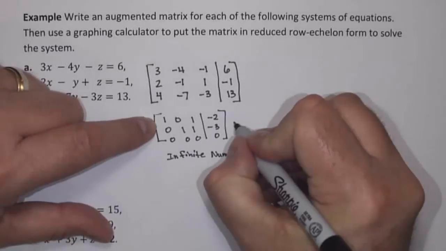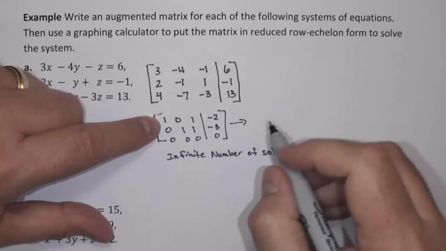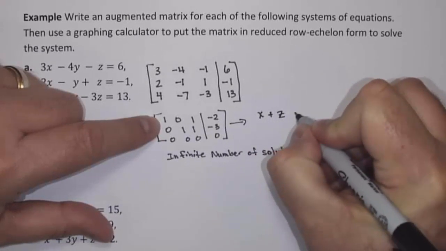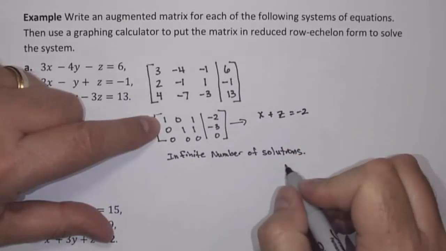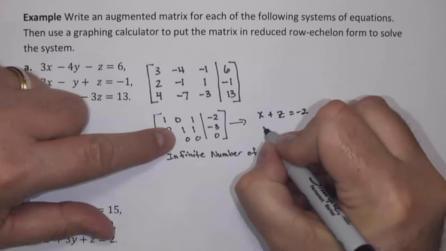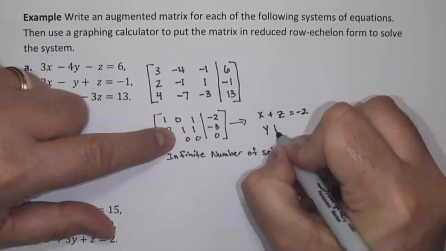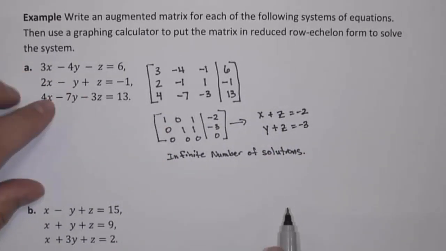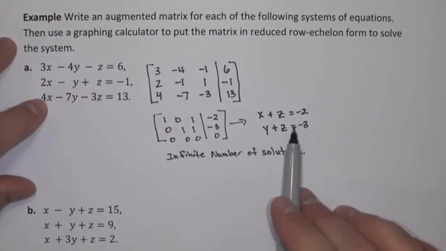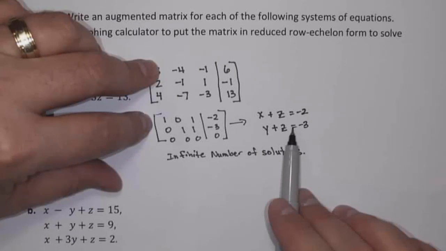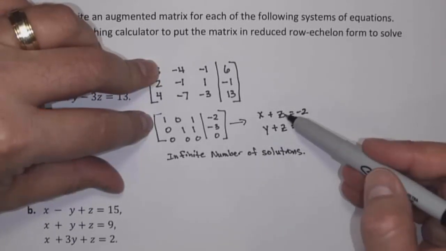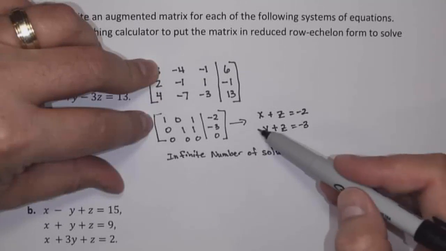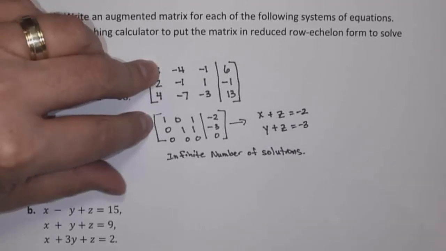So looking here, this first equation tells me that 1x plus 1z is equal to negative 2, and the second equation is telling me that 1y plus 1z equals negative 3. And so we can use this in order to describe our solutions. For whatever number I pick for z, I can figure out what x and y has to be in order to be a solution.